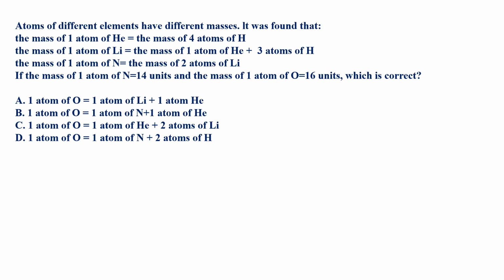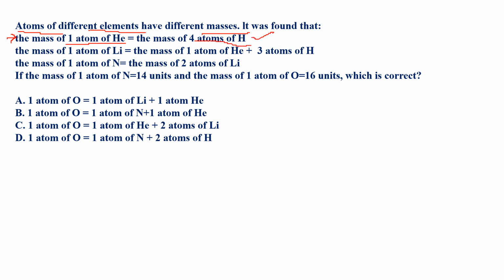First question. Atoms of different elements have different masses, naturally. So he's explaining what one atom is equal to. One atom of helium is equal to 4 atoms of hydrogen.